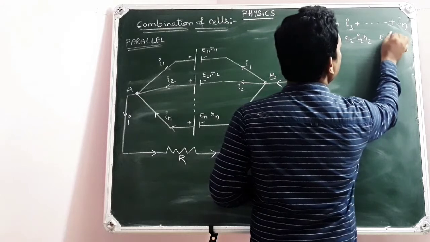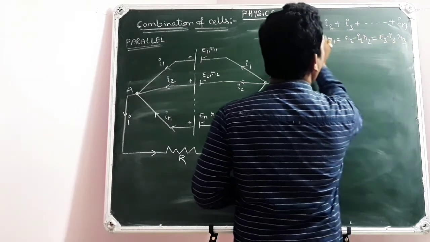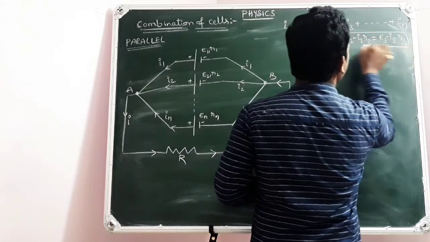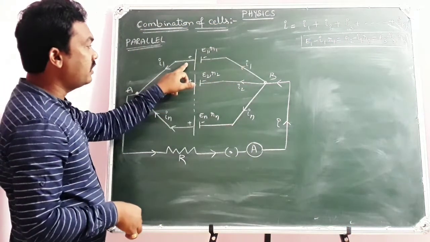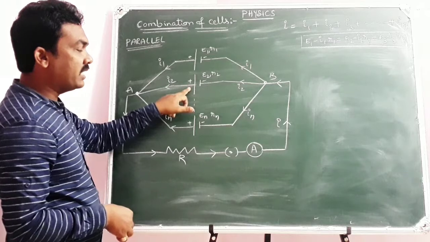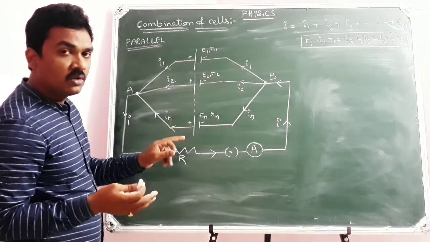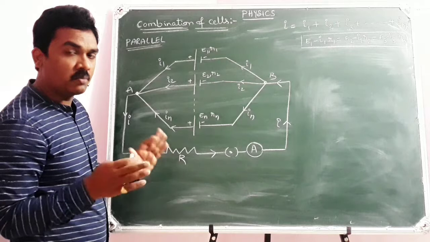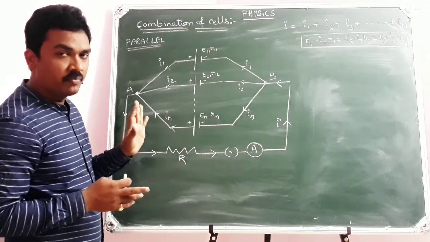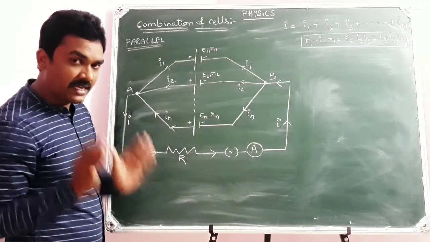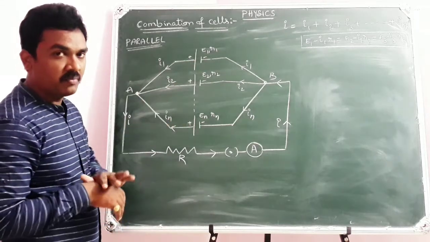E3 minus I3 R3, which remains the same since all are in parallel. So E1 minus I1 R1 is the same as E2 minus I2 R2, the same as En minus In Rn, because V equal to E minus IR is the potential difference across a cell while discharging current. This is the basic formula that I have applied. As they are in parallel, that should be the same.